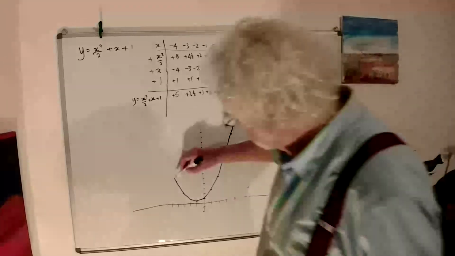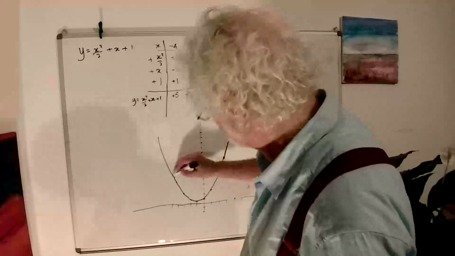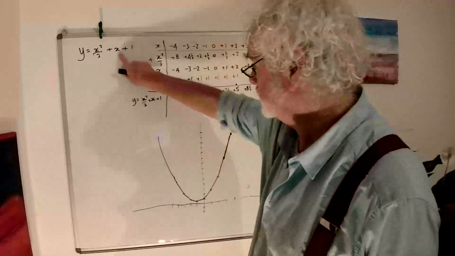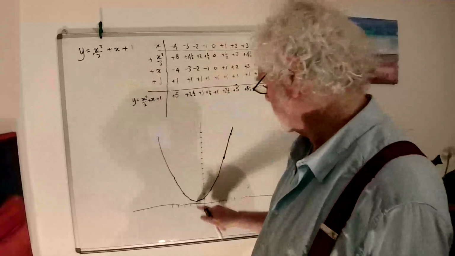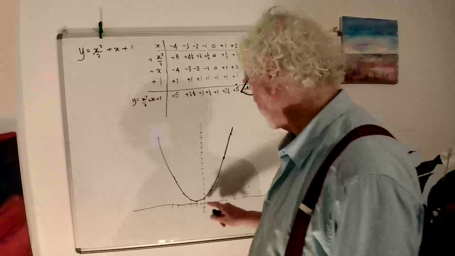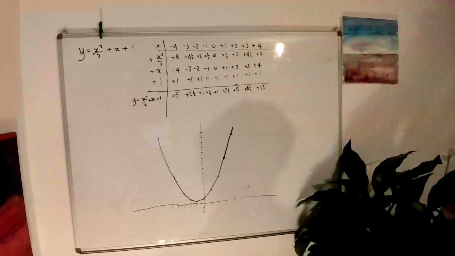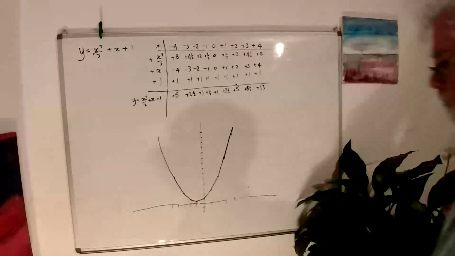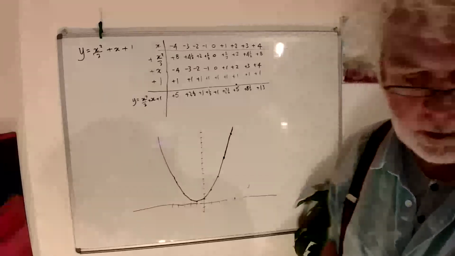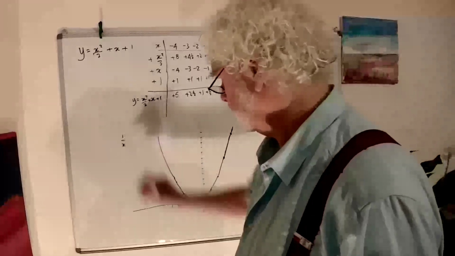And if we'd gone down here somewhere, it would be symmetrical up to there as well. But it's moved to the left and up a little bit. These two and the half have moved it up by a half, and moved it over to the left by 1. I'll talk about y equals 1 over x in the next video.